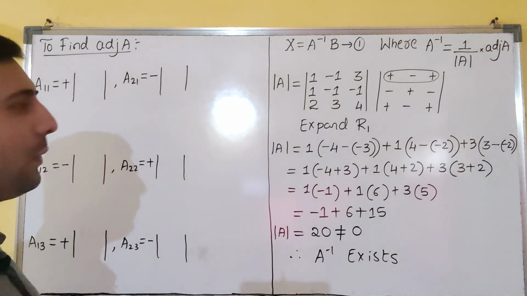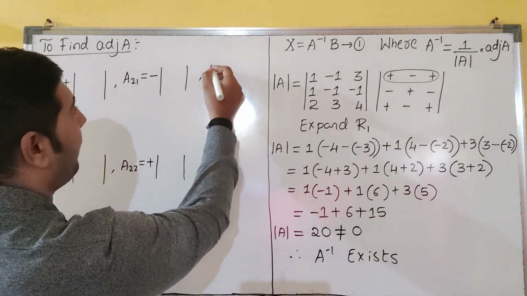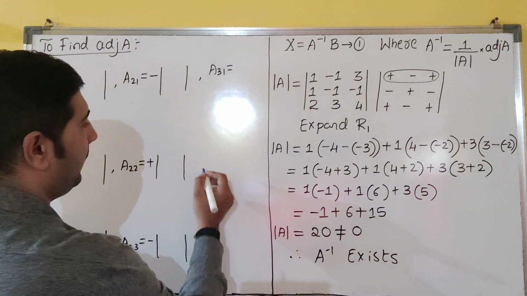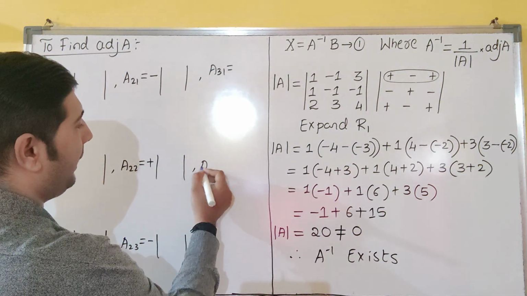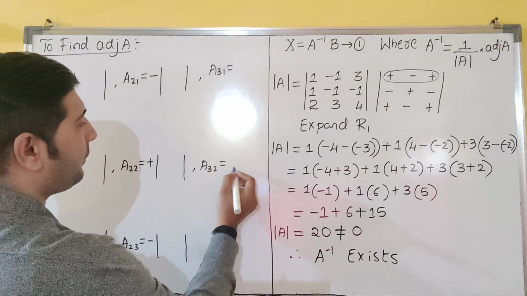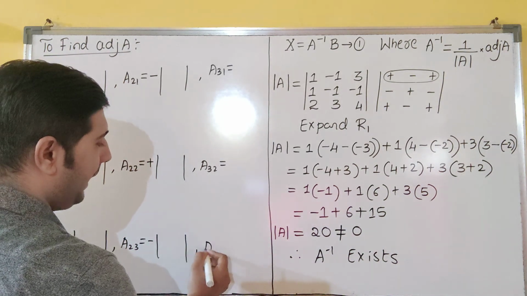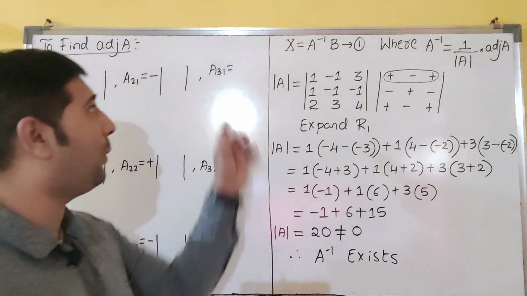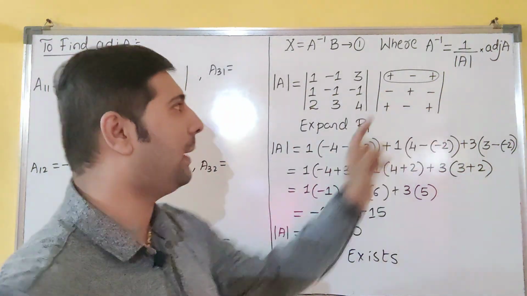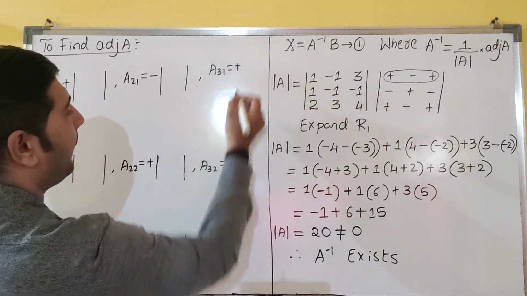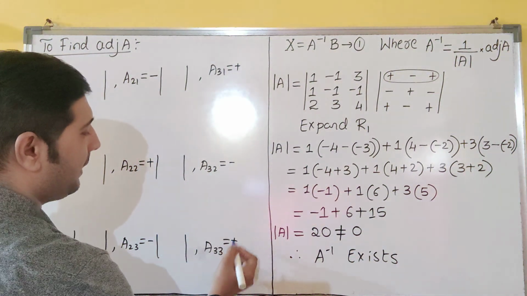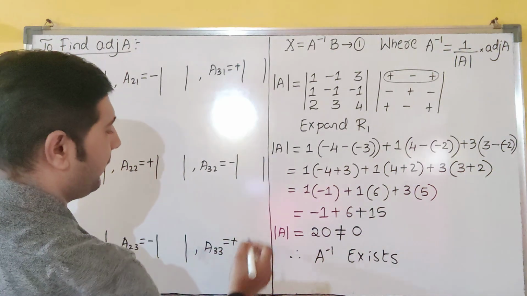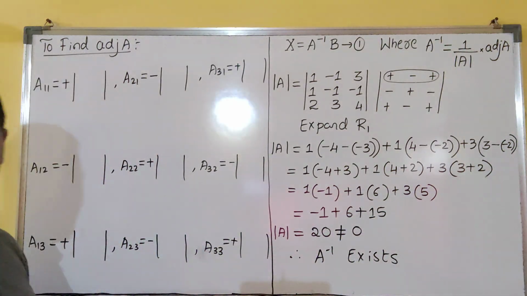Now next is A31, A32 and next is A33. These are the cofactors we have to find, dear students. Now here the signs are plus, minus, plus again, and determinants I will use. I had already told you.